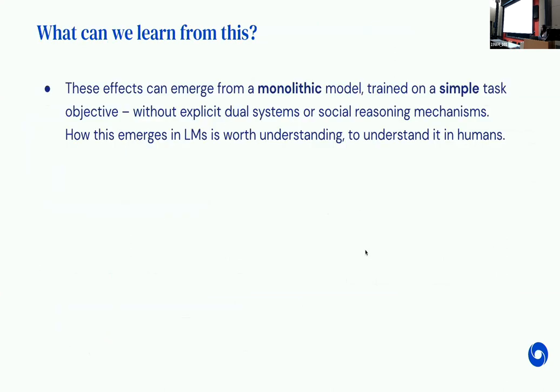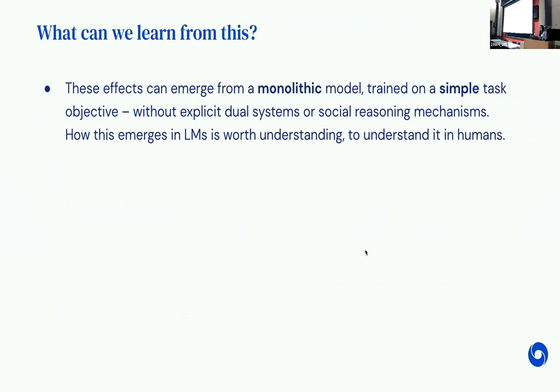So what can we learn from studies like this? One thing is that we found these similar kinds of content effects emerge from a single monolithic large pre-trained language model trained simply to predict the next word. There wasn't any explicit dual system or social reasoning mechanism, as in many of the models that have been used to understand this dichotomy in humans.